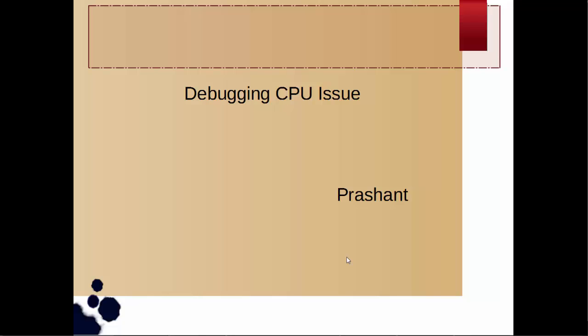The servers come with some default settings, but those default settings are not giving us optimum performance. And where does the issue lie? In the Linux world, it's really difficult to debug all these issues.